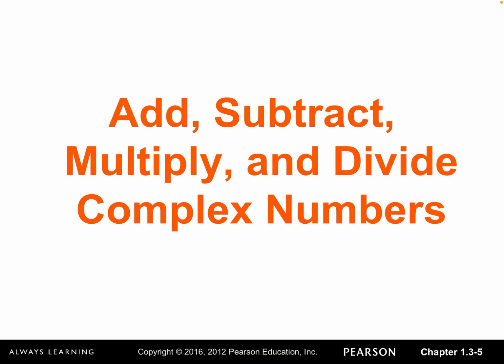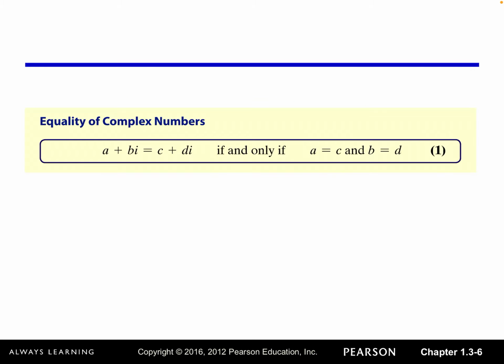All right, since we already defined what a complex number is, let's see how we can do mathematical operations. Just like with real numbers, we would like to add, subtract, multiply, and divide complex numbers. In order to do those operations, first we need another definition: the equality of complex numbers.